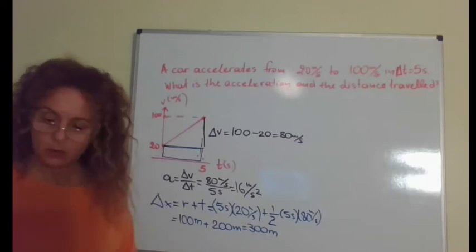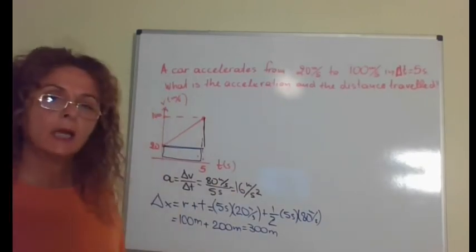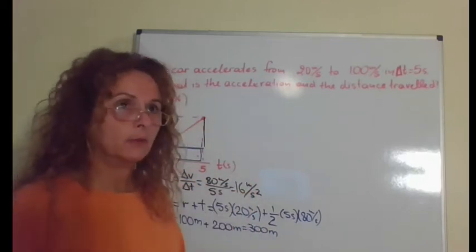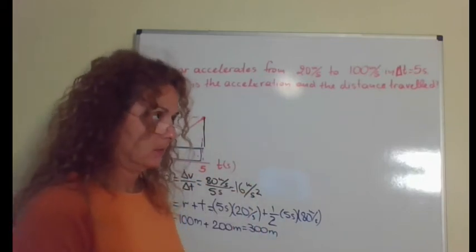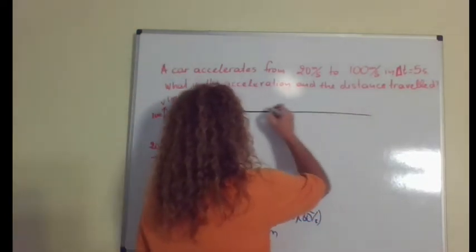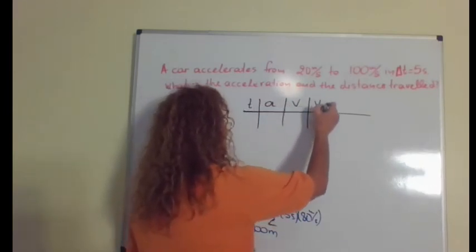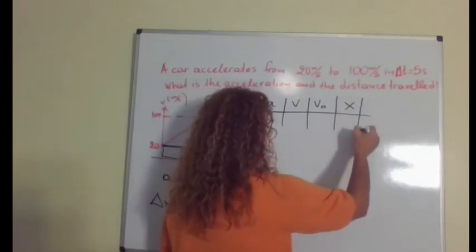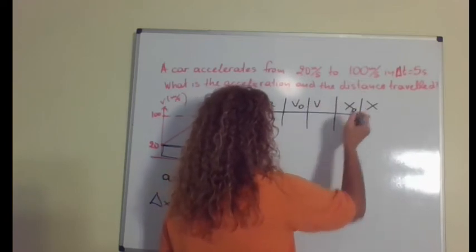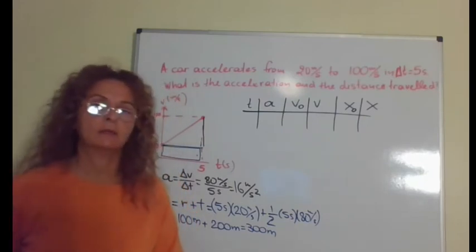The best way to do it with equations is to start by making a table, and we need to write down all the possible quantities: time, acceleration, initial velocity, final velocity, initial position, final position.